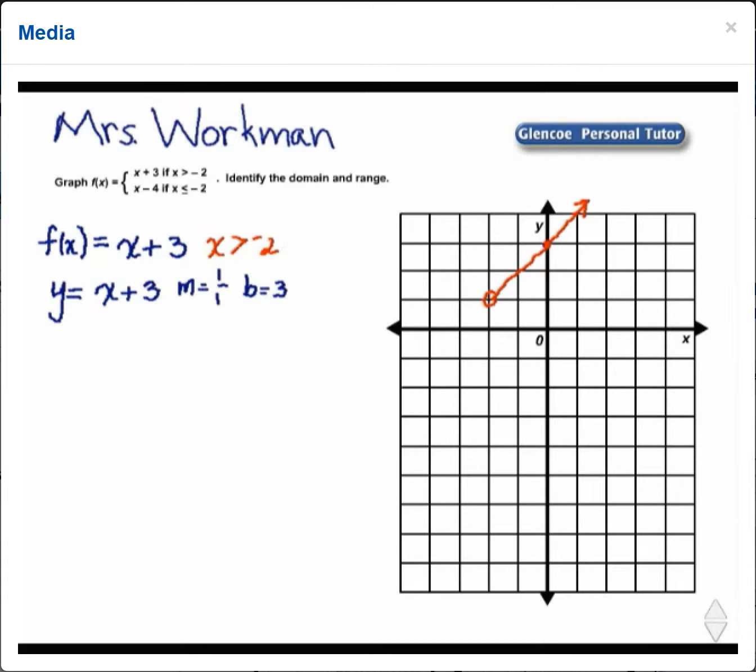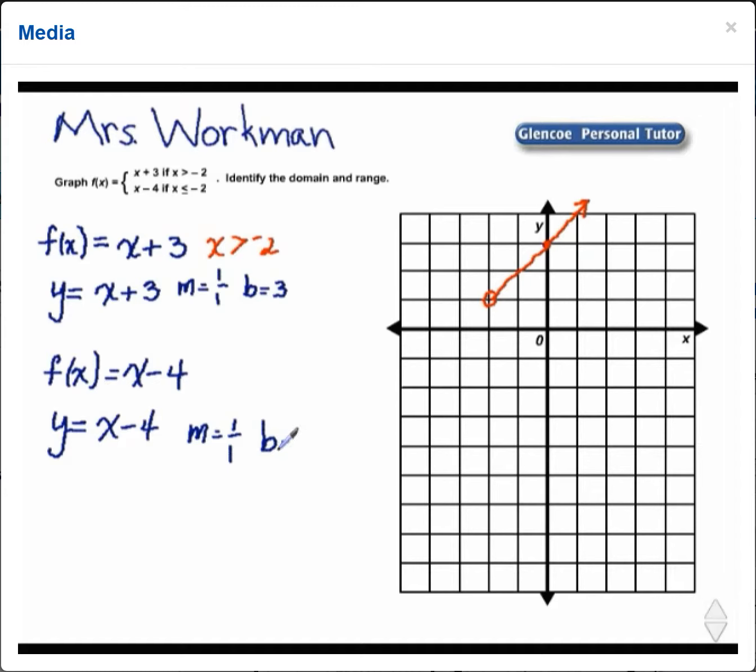Alrighty then. We're ready for the second piece, which tells us that f of x is equal to x minus 4 if x is less than negative 2. Again, I'm just going to ignore that for a moment till I get this line graphed. The coefficient of x is 1. Again, this is in the slope-intercept form. The coefficient is 1. So our slope is 1 over 1.